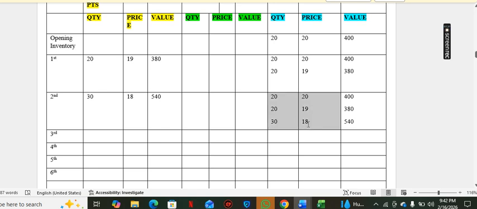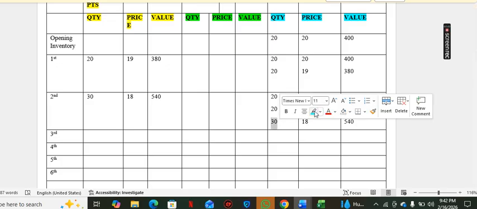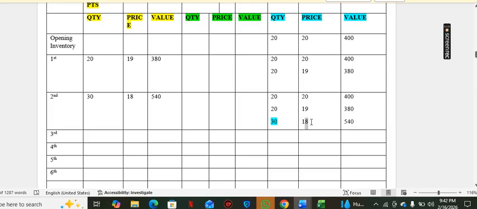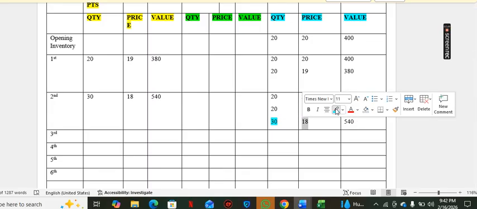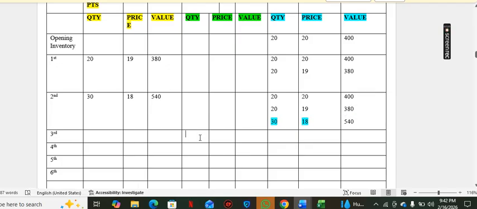The latest batch is these 30 units valued at 18. This is the latest batch. So we're going to remove our 20 units from this latest batch. Under issues, you're going to say issued 20 units valued at 18 kwacha each. 20 times 18, 360 kwacha.